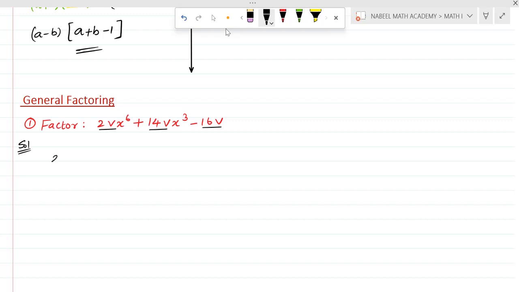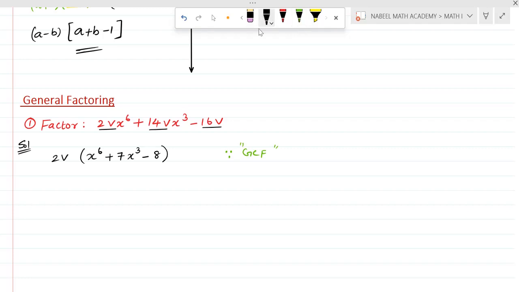So you will get 2v as a common factor. When I take it common, you will get what? x to the power 6 plus 7x to the power 3, v is taken outside, minus 8. So this is the factor. So what have we done here? We are doing the GCF, greatest common factor.